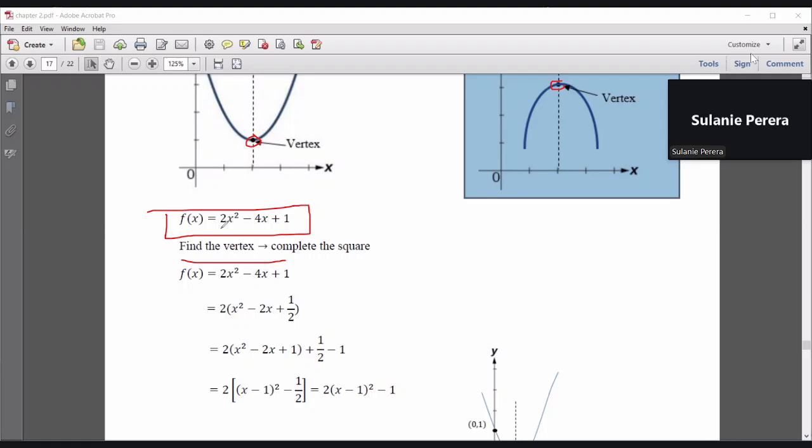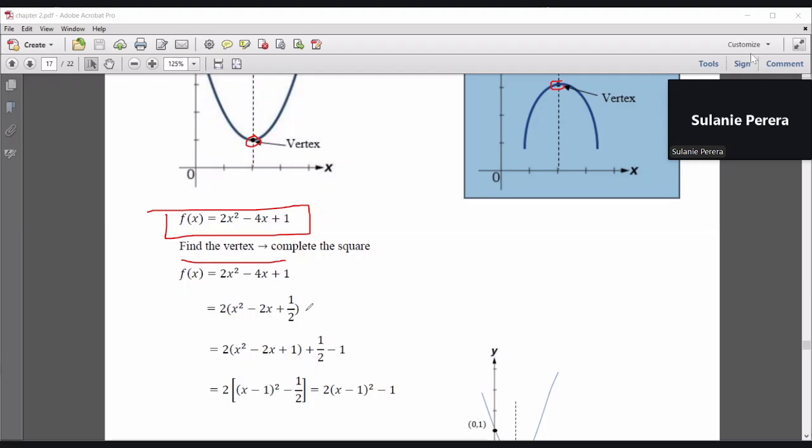But here we have 2x squared minus 4x plus 1. So what's step 1? Step 1 is you factor 2 out and divide all the other terms by 2.